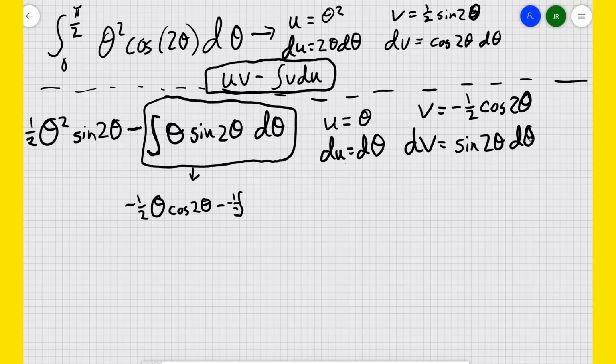Negative 1/2 cosine 2 theta times du, and du is just d theta. There's nothing else to that. So now this integral, I'm going to go ahead and change this to a plus.